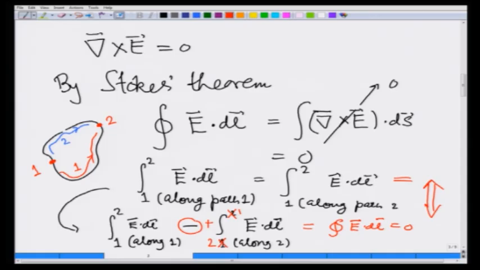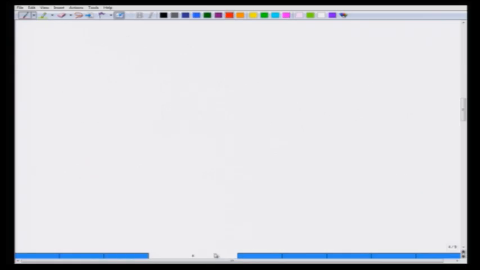So, curl of E being 0 we have seen tells me that if I traverse between 2 points 1 and 2, the integral is independent of the path, and therefore, I can write E dot dl between 2 points 1 and 2 is independent of path, and I am going to write this in a particular way.